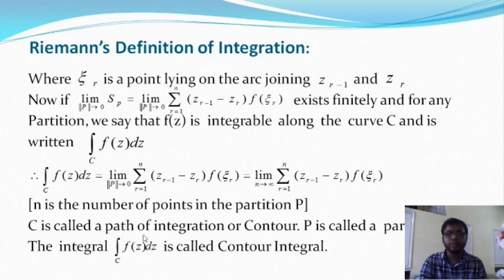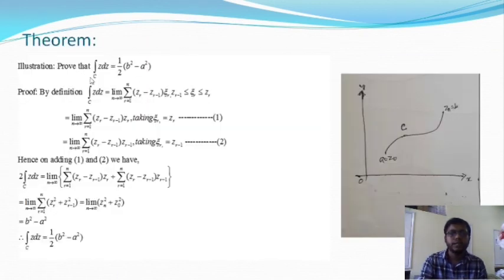So C is called the path of integration or the contour. P is called the partition of C, and this integration, closed integration over C of f of z dz, is called the contour integration of a complex function. Theorem 1: the integration over C of z dz is equal to one half of (b square minus a square).